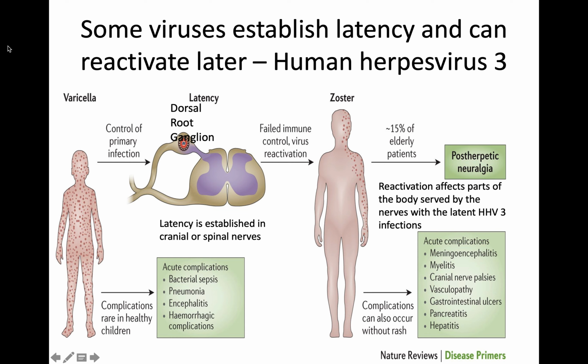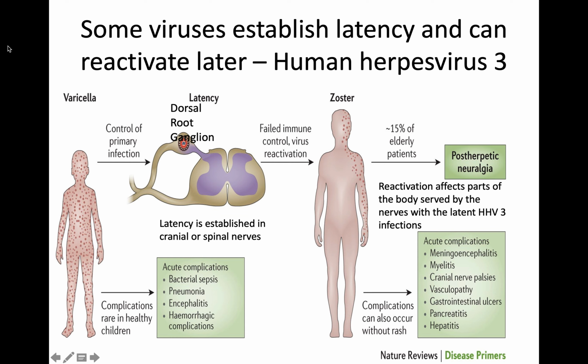However, some of those viruses can and will become latent, and they end up becoming latent in cells in the cranial and spinal nerves. So they become dormant in these cells. At some point later on, they may be reactivated. They don't know quite why. They do think that it's because our immune system is not up to par.